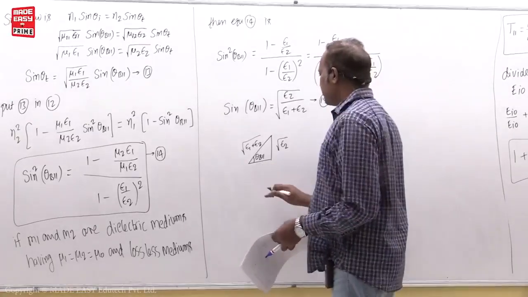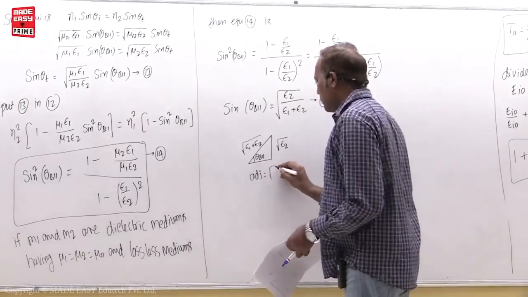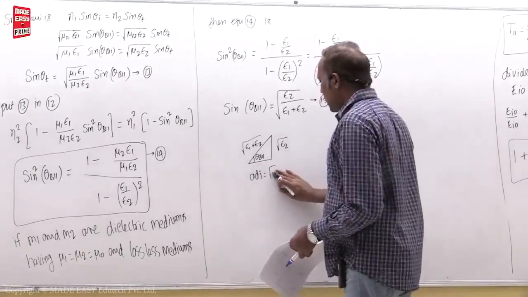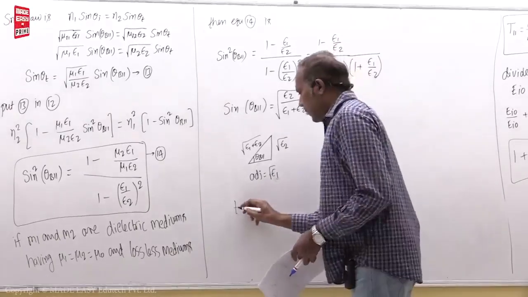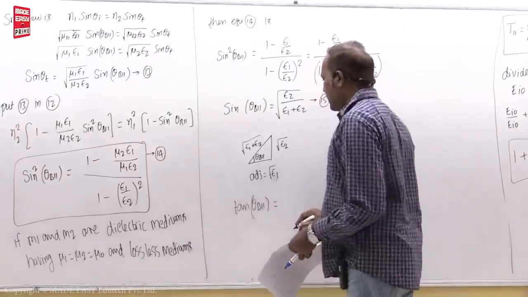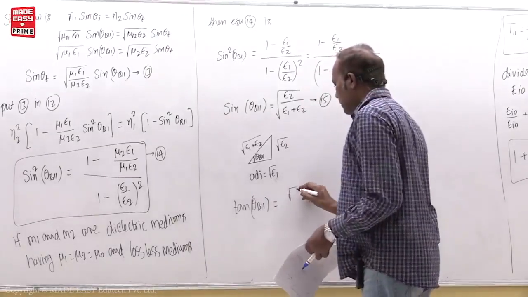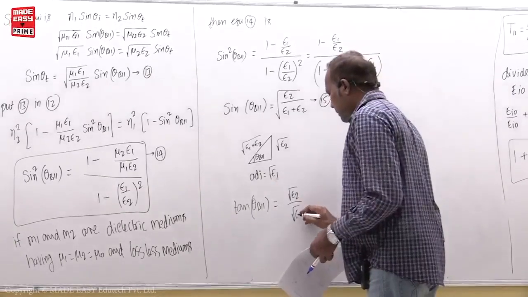Okay, here adjacent is equal to root epsilon 1. Now from this, tan theta b parallel is equal to opposite divided by adjacent.